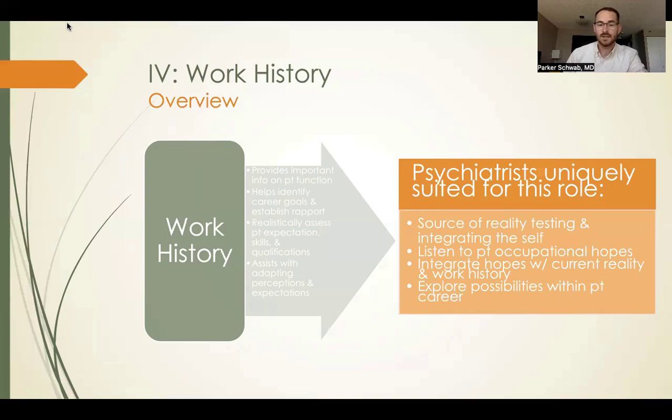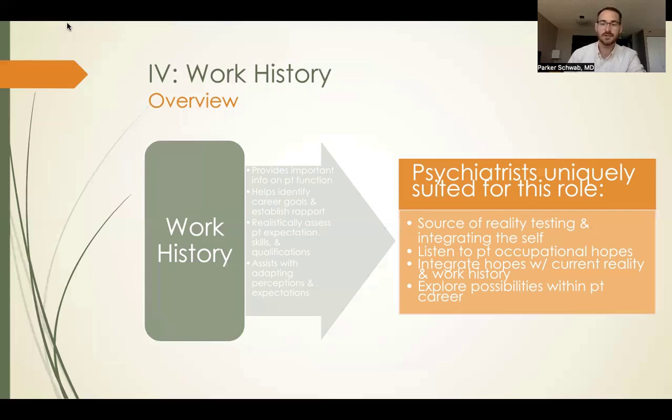It also helps physicians realistically assess patient expectations, their skills and qualifications, which can be helpful both diagnostically and from a treatment perspective. And then also it helps assist with understanding how patients may adapt their perceptions and expectations of their career and their life going forward.